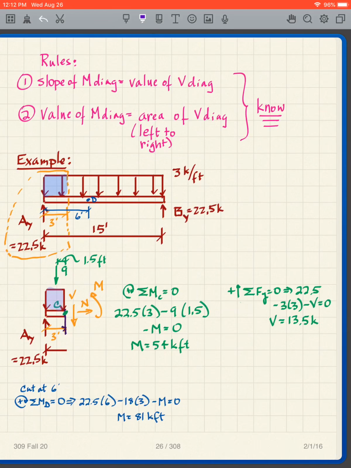Let's take the sum of the forces in the y direction first. And when I do that, first thing is I convert that to a point load. It's 3 feet times 3 kips per foot, so that gives me 9 kips. Gives me 9 kips right there.